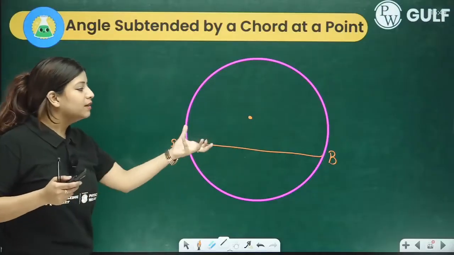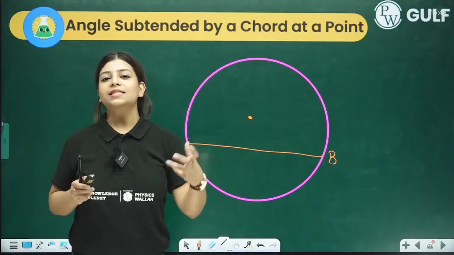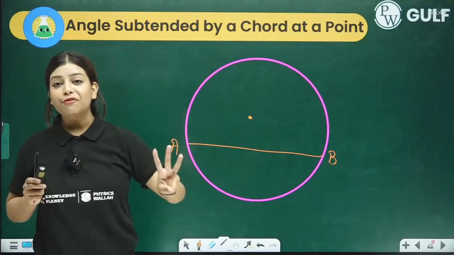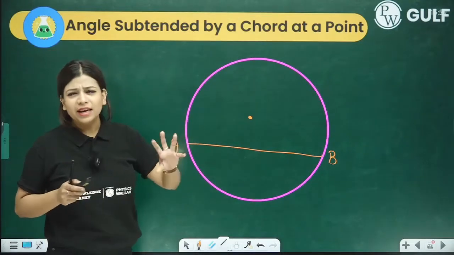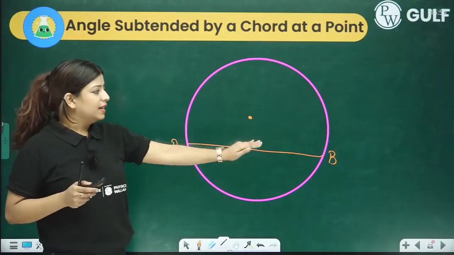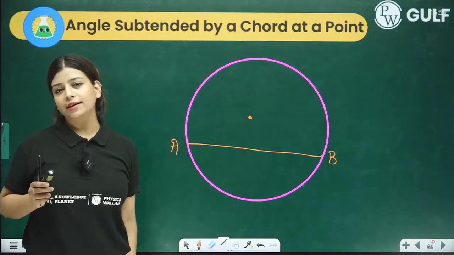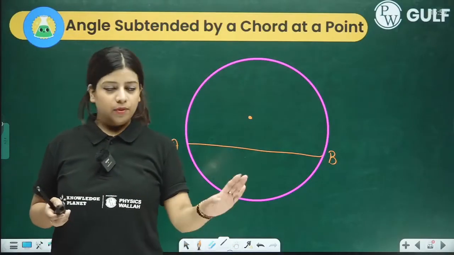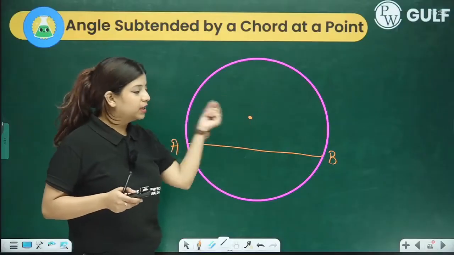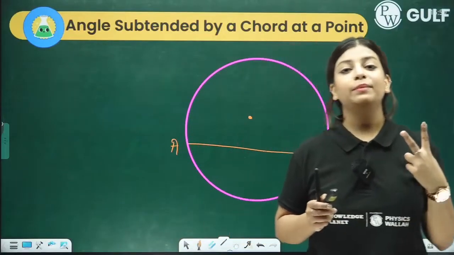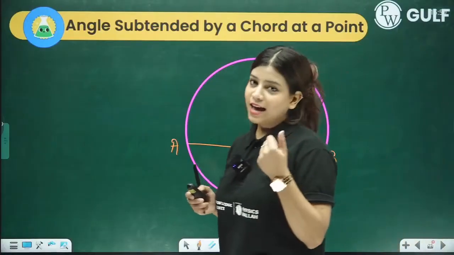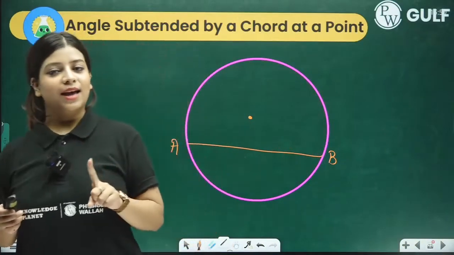So basically this chord can subtend 3 different angles. We are already aware that the major segment will always have the center, because the major one always includes the center. So in the major segment, 2 angles can be drawn via this chord, and in the minor segment, 1 angle can be drawn.